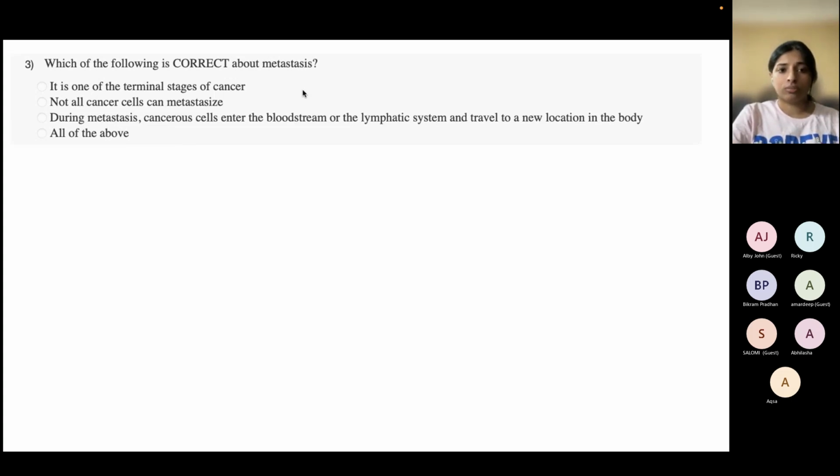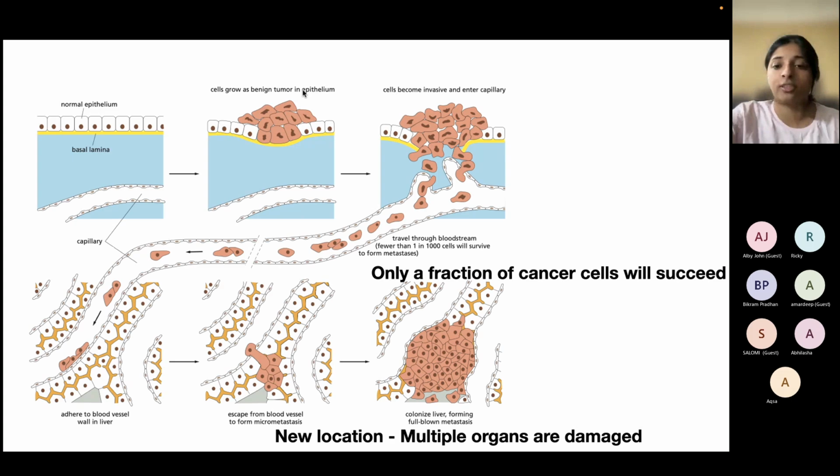Metastasis, again, we have seen previously this very same image, is the property of a cancer cell by which it invades into the circulatory system and is able to colonize other tissues, thereby forming new tumors in other regions. If you actually see here, only a small fraction of the tumor enters into the bloodstream.